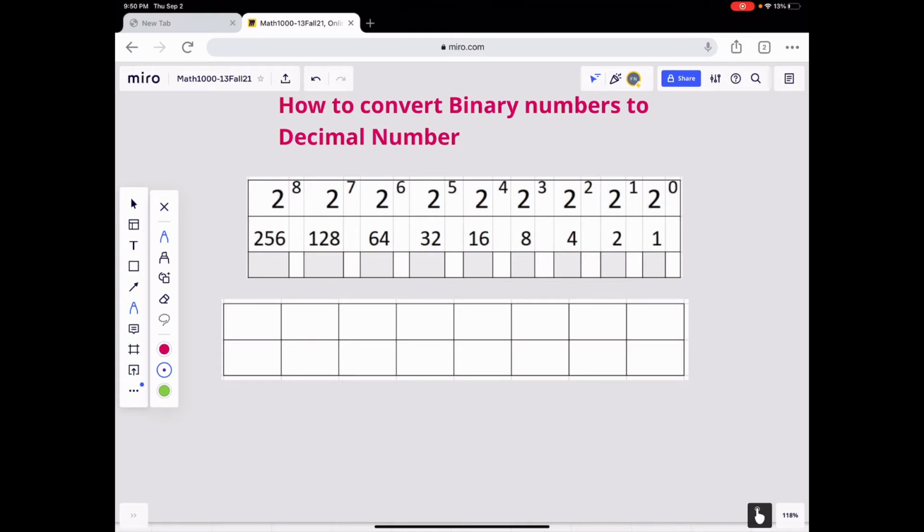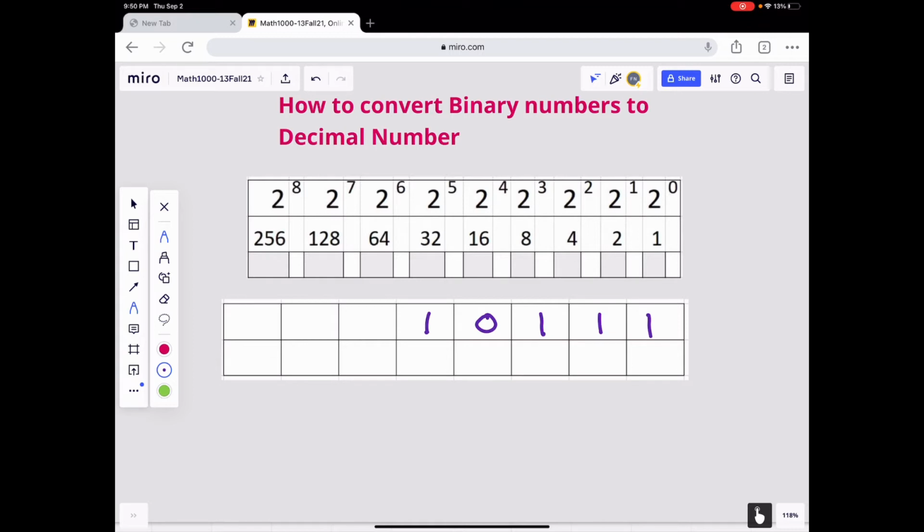Okay, so let's say you have a binary number, I can just make it up. Let's say 1, 0, 1, 1, 1. And I want to know what the decimal equivalent is for this number.